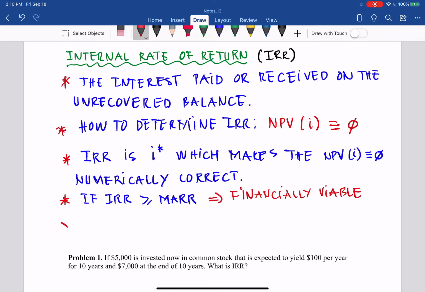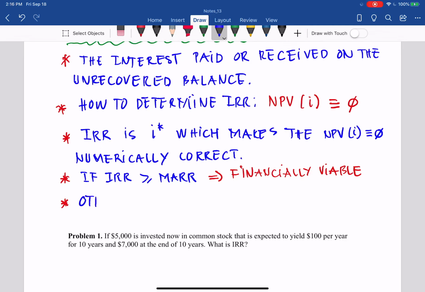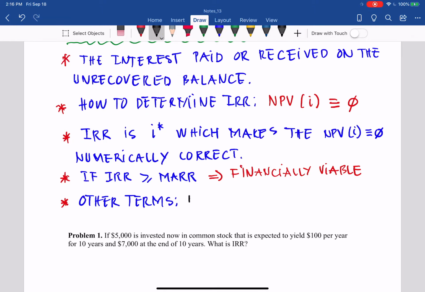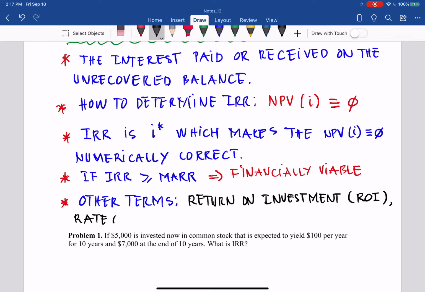And what are the other terms we use for this? For IRR, other terms used are return on investment, ROI, or rate of return, ROR, or profitability index.